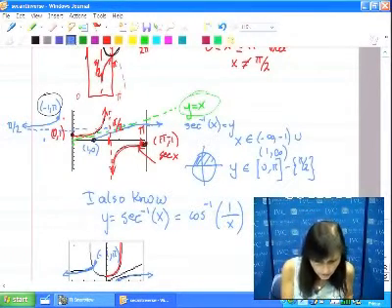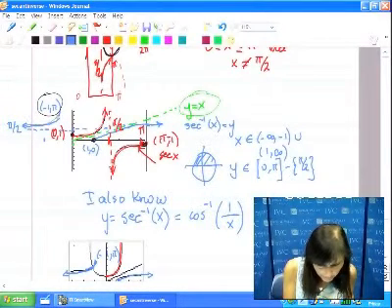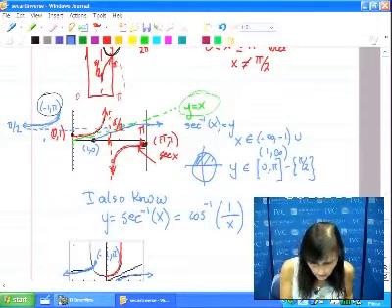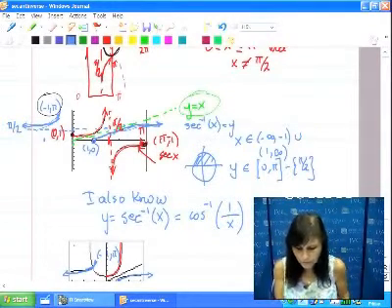And so when you do that, you're going to get a little graph like that. It's going to come and it's going to stop right here. And on the other side, it's going to start from 1, 0 and go all the way to infinity.